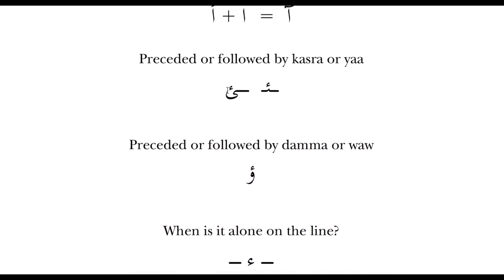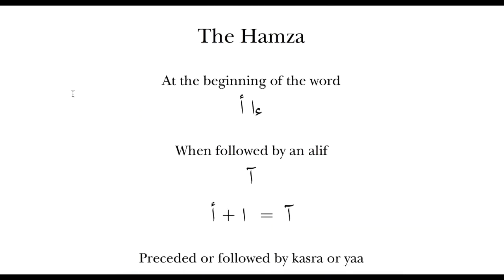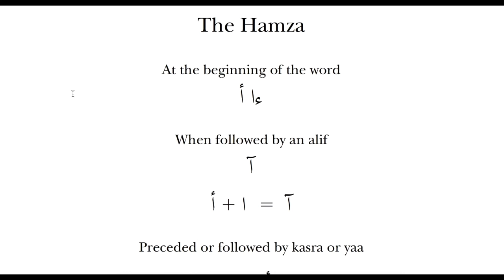Now, do you have to memorize this list to be able to read properly? The answer is no. But what I'm saying to you is get an idea now, and then you can review this video later, and you can even get other books to figure out the exact 12 ways that the Hamza is written.